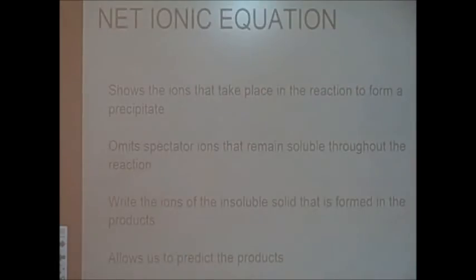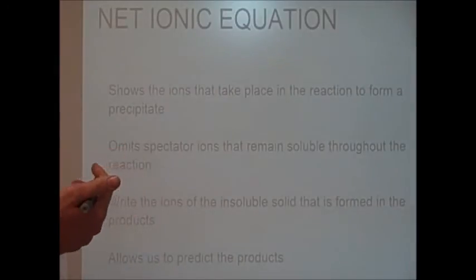Now we have one more part to this, and this is called the net ionic equation. Net ionic equation shows the ions that take place in the reaction. So instead of giving you all of the reactants, it breaks down into charges and shows just the ions that took place.